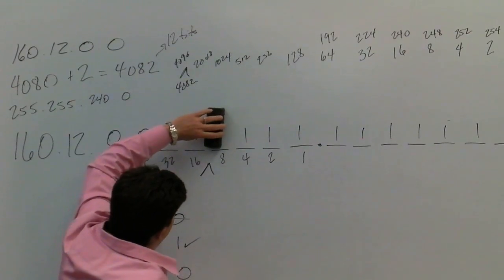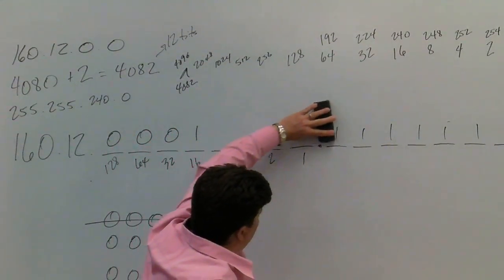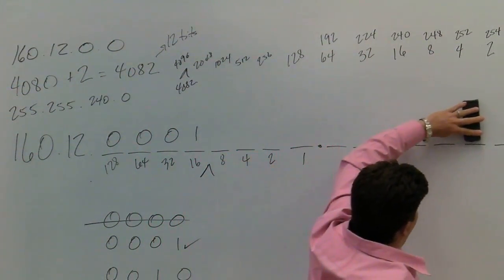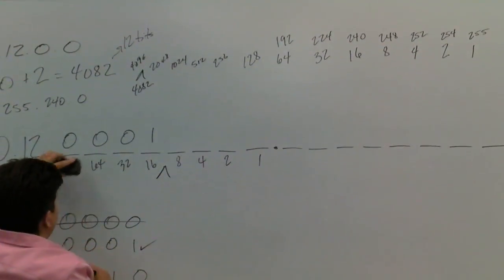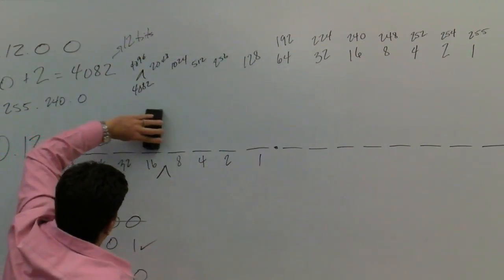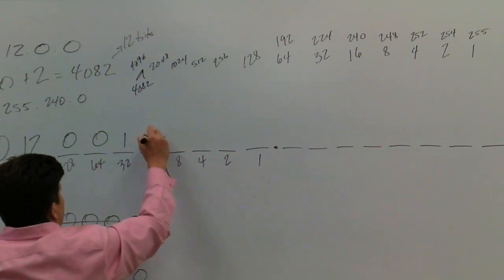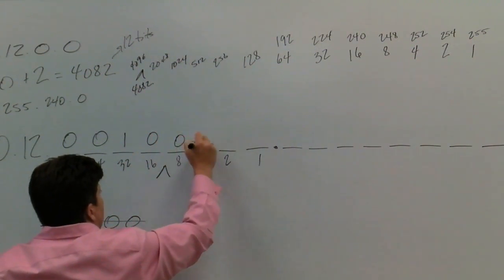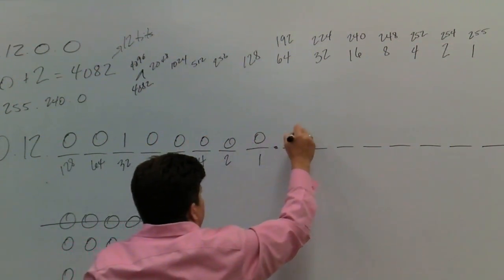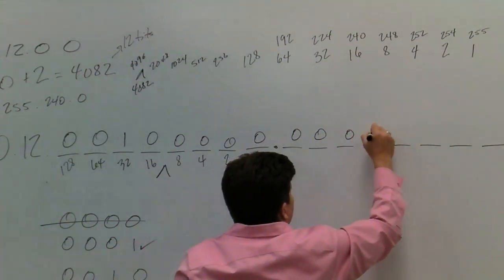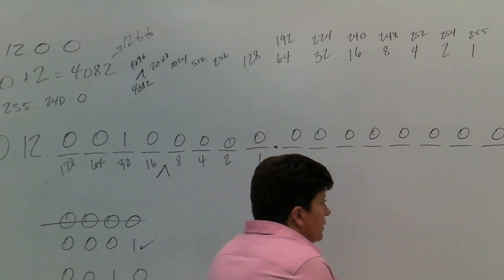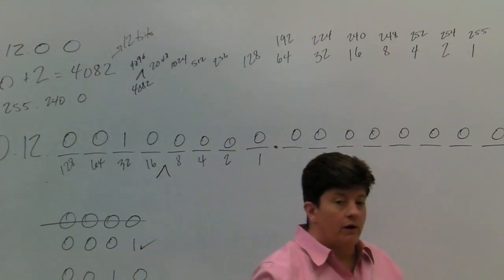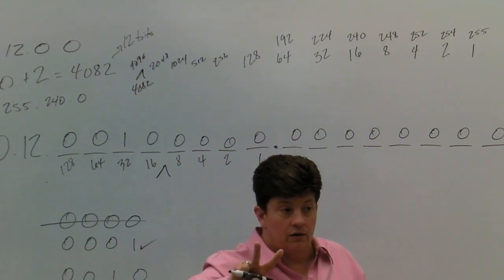Now, get rid of all this on the host portion. And on the network side of this, let's write the number 2 up here. And do it again. Put all zeros in. That's your new network ID for the second network.